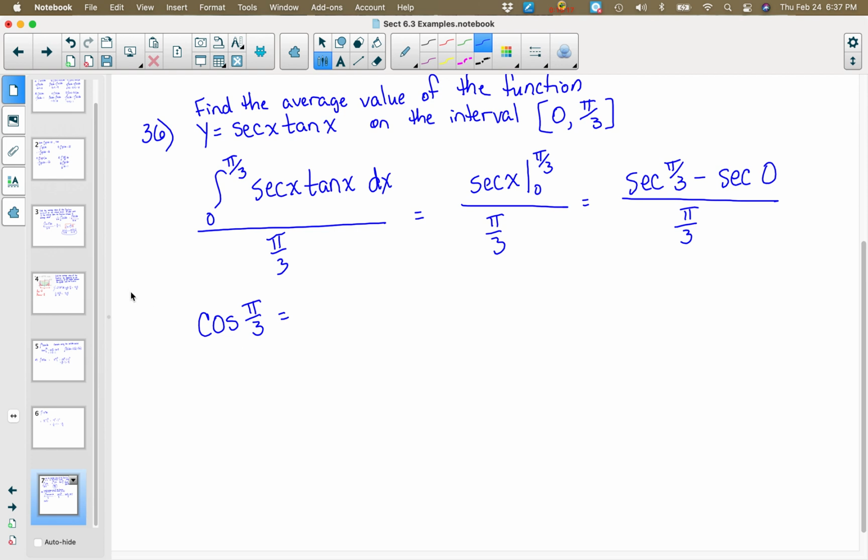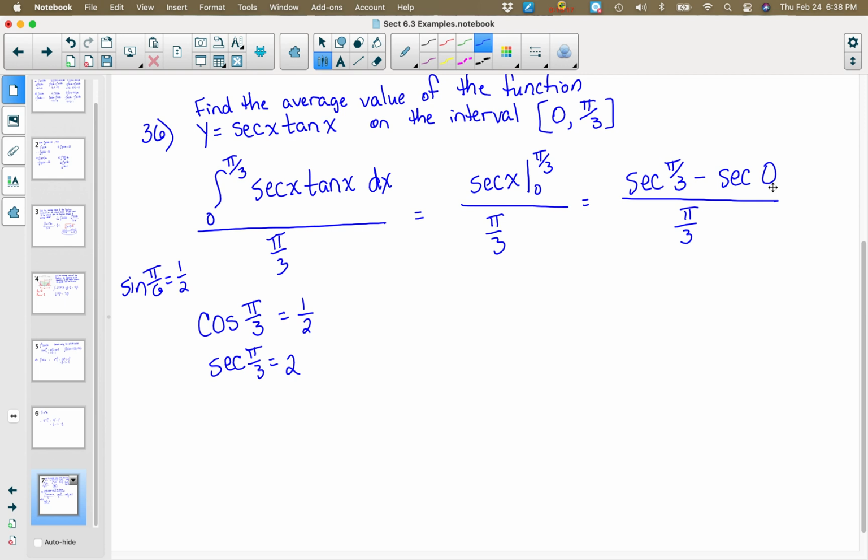Remember how I do mine. You can build a 30, 60, 90 triangle if you need to. I know that sine of pi over 6 is a half, which means cosine of pi over 6 would be root 3 over 2. So that means cosine of pi over 3 is a half, because they end up flip-flopping, which means secant of pi over 3 is 2.